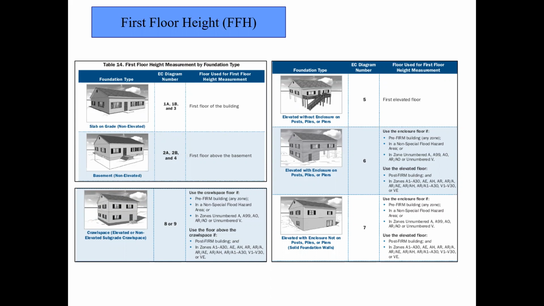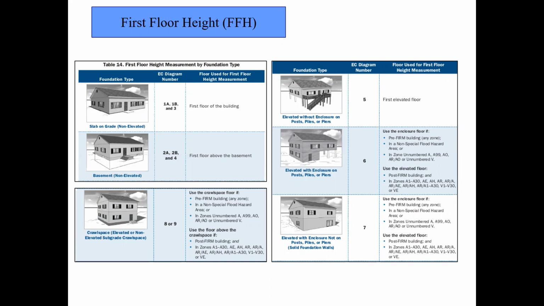So they'll be using the floor of the enclosure if it's a pre-firm building in any zone, or if it's not in a special flood hazard area, or if it's in an approximate unnumbered A zone, A99, AO, AR/AO, or unnumbered V zone.